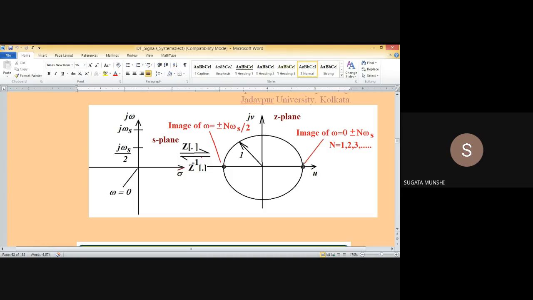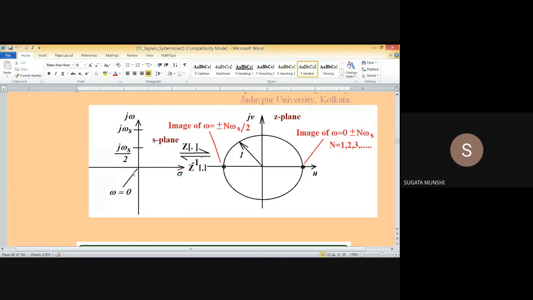It implies this situation will continue. It implies that this point on the Z plane, unit distance away along the real axis from the origin, is the image of omega equal to 0 plus minus n omega s, where n is equal to 1, 2, 3. Starting from origin, if you travel a lap of omega s units along the j omega axis, for each lap there will be a complete traversal.